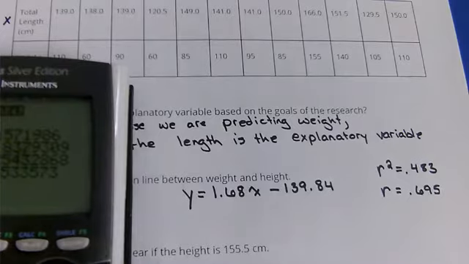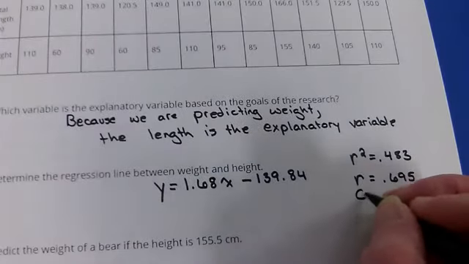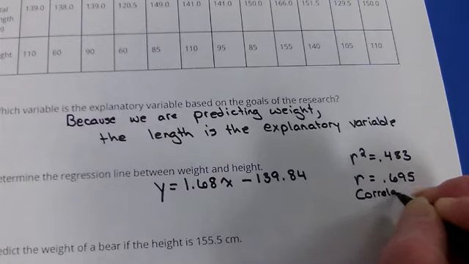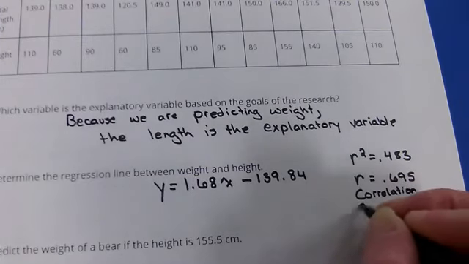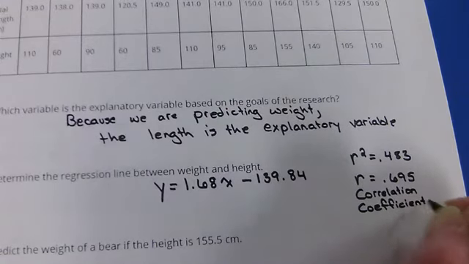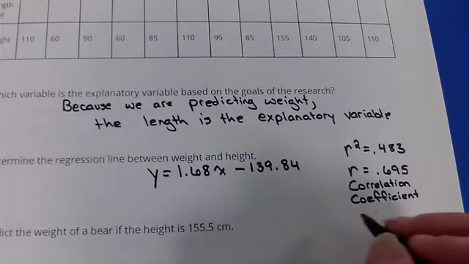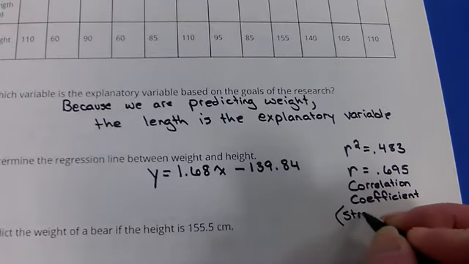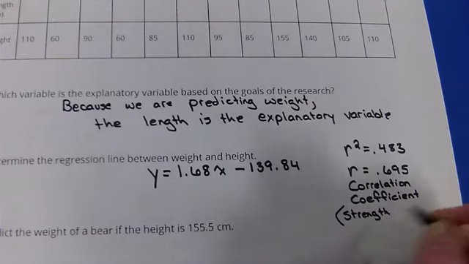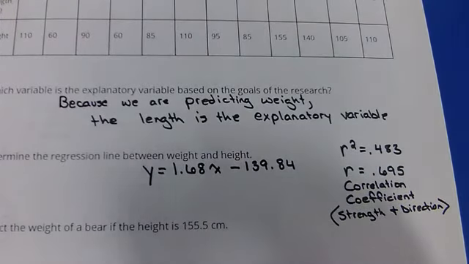So let's remember what R is telling us. That is our correlation coefficient, and it's telling me the strength and the direction. Since it's positive, we're in a positive direction, and 0.7 is pretty strong.